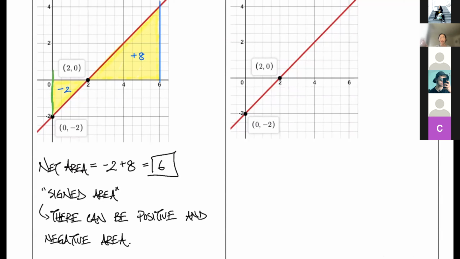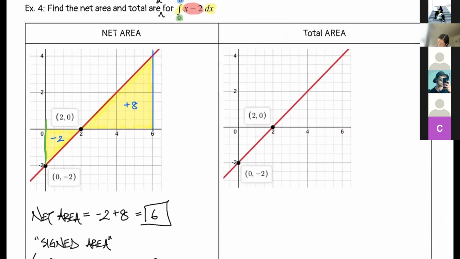So total area, we're still going to start and stop in the same place because our integral says so. We start at 0, we go all the way to 6. But this time, we're going to say that this area is still positive 8, and this area is still -2.